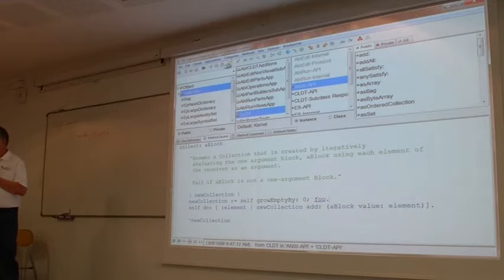Now, it doesn't really do it until you put a terminator, because it would get very noisy if it was doing this analysis as you were just typing along, because you might not have finished the name of the method. So there is a delay until you put some sort of terminator to the method selector.